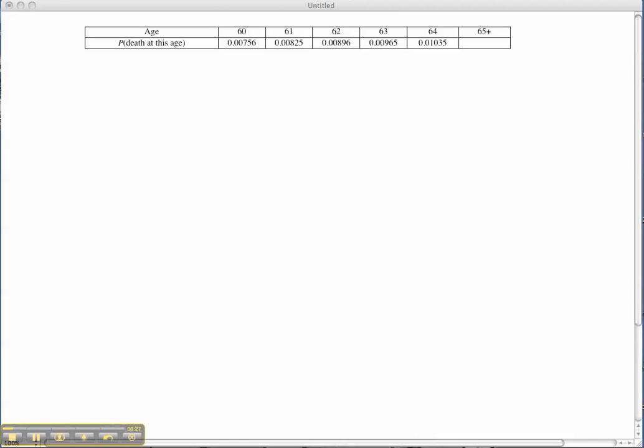Well, the missing probability, which is right here, has to be 1 minus all of these other probabilities put together.